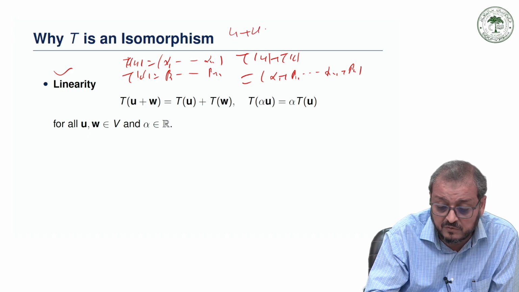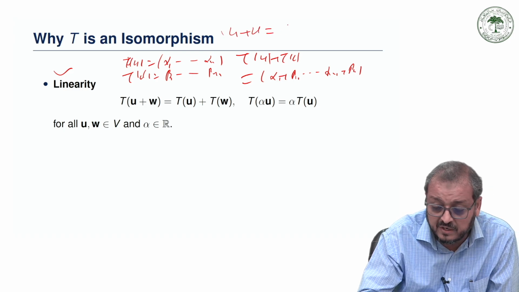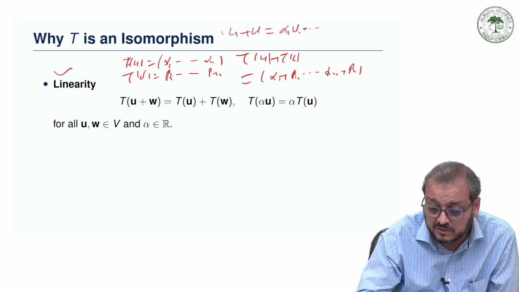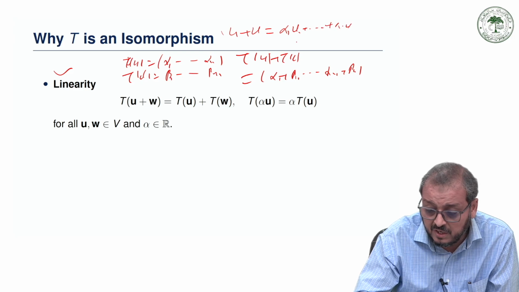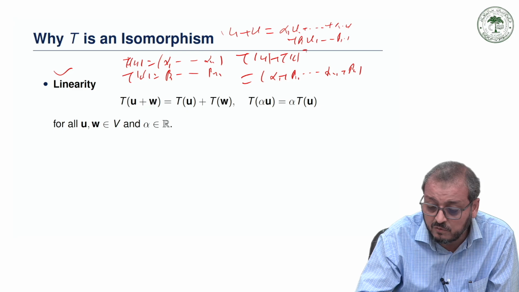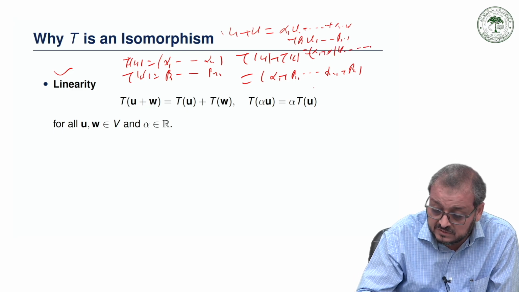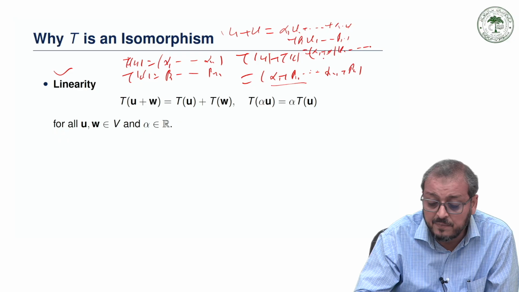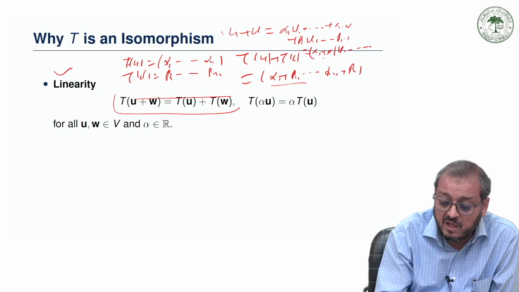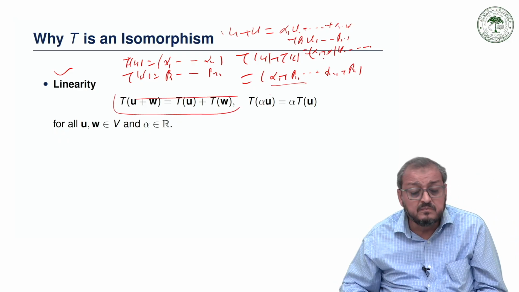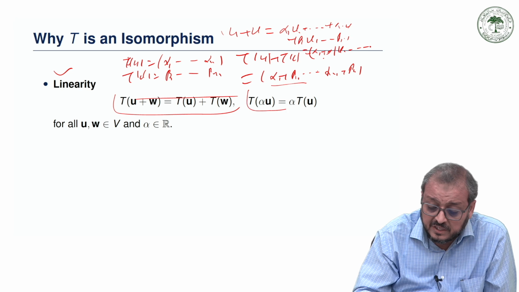So, u plus v is written as alpha 1 v 1 plus and so on, alpha n v n, plus beta 1 v 1 up to beta n v n. Then we write (alpha 1 plus beta 1) v 1 and so on, and this is again the same. So, this means T is linear and also satisfies this condition.